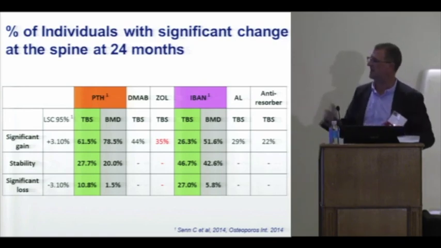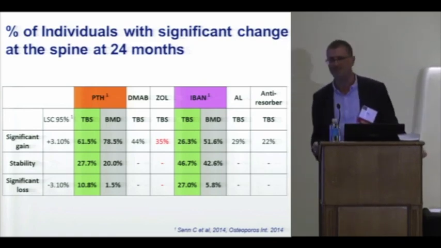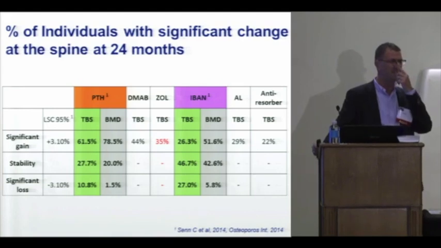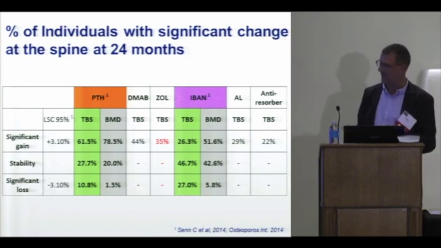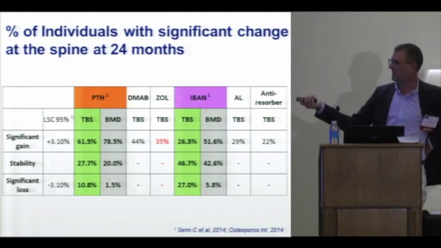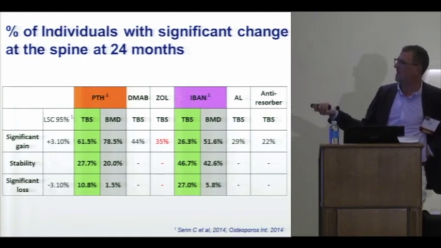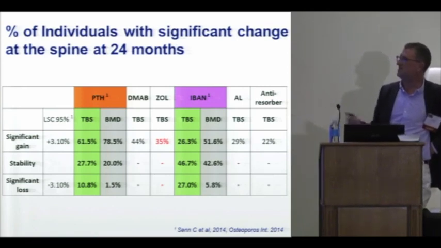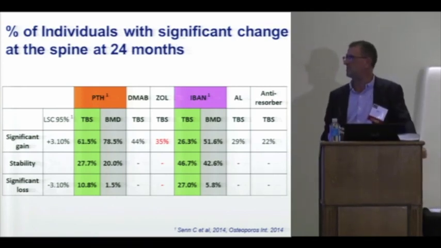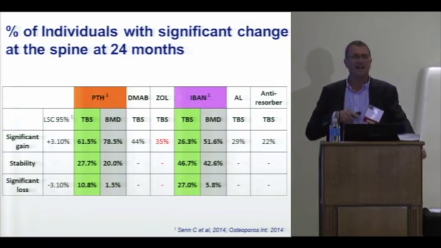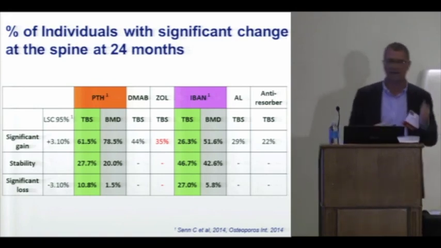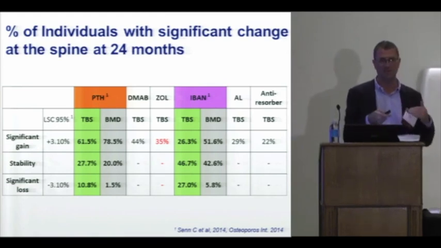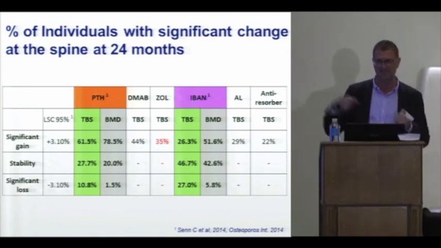But still, if I calculate the significant gain, stability or significant loss, using the least significant change, as you've seen this morning or if you know about it, and I was not able to calculate that for all groups, but with PTH, we were able to see that 60% of the patients under PTH demonstrated a significant gain, and roughly, if you combine both, you have 90% of the patients with either stable TBS or a gain in TBS.